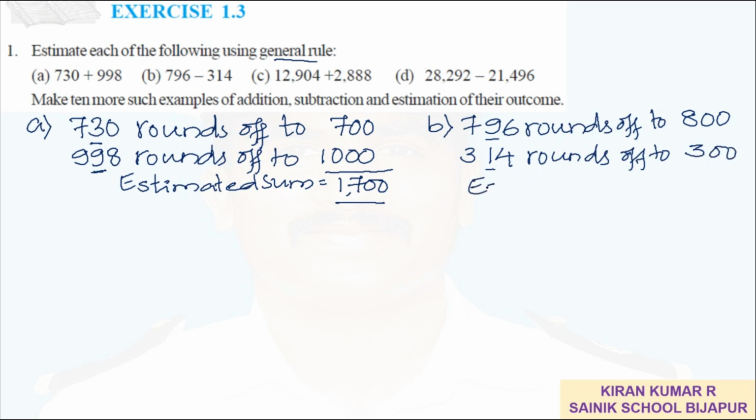So the estimated difference, because they have asked to subtract, is 800 minus 300, nothing but 500.